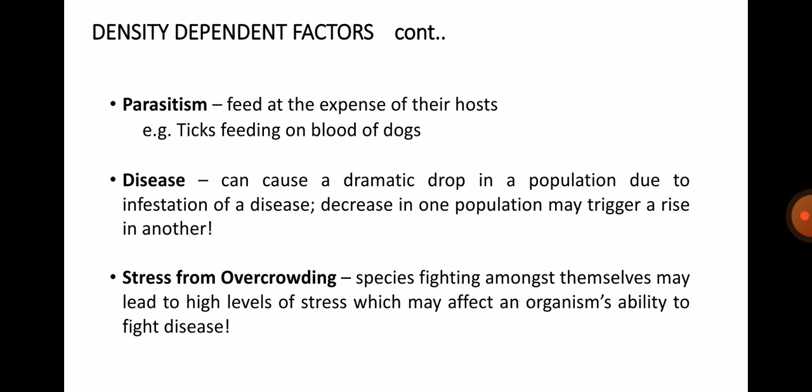The next factor is parasitism. They feed at the expense of their host. There are different types of parasites, which are called ectoparasites, endoparasites, intercellular parasites, intracellular parasites, then also obligate parasites, then facultative parasites, plus you can always mention the number of hosts the parasites require to complete their life cycle as monogenetic parasites and digenetic parasites.